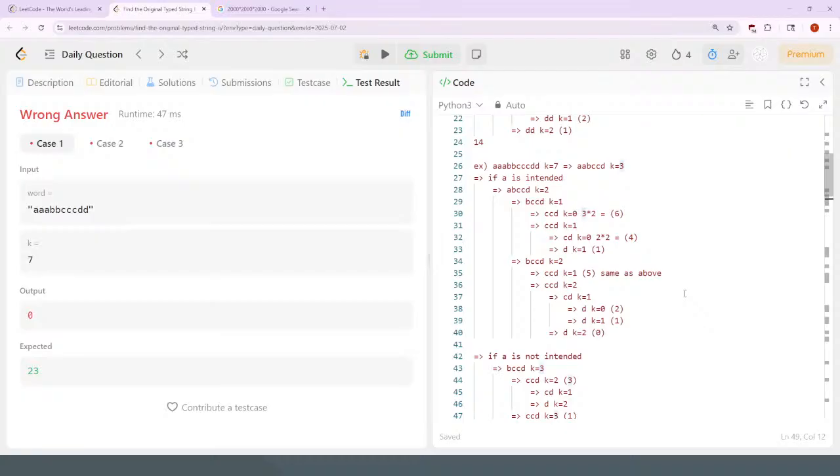If K is 0, then it's easy. If you said that the next 3 are all guaranteed, then you can skip to CCD, K equals 0.